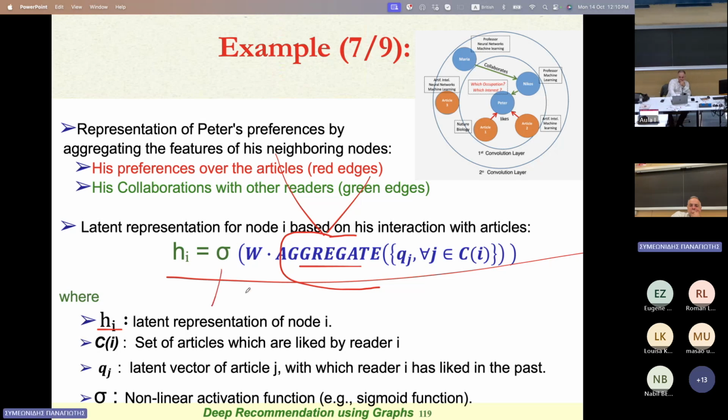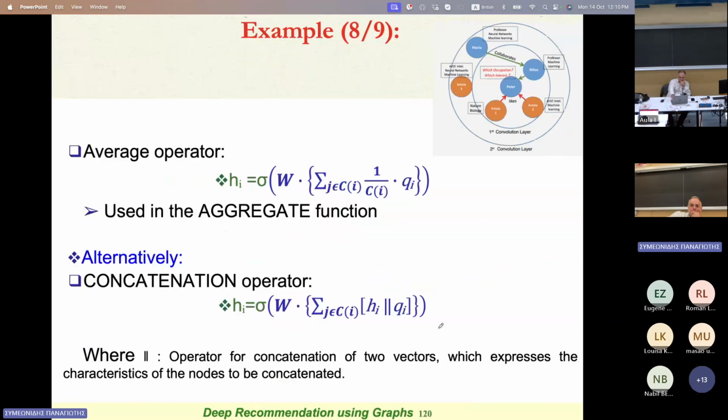Sigma is the sigmoid activation function. W is the weighted matrix. And as you can see here, the aggregation function may be either the average operator, okay, or a concatenation operator.